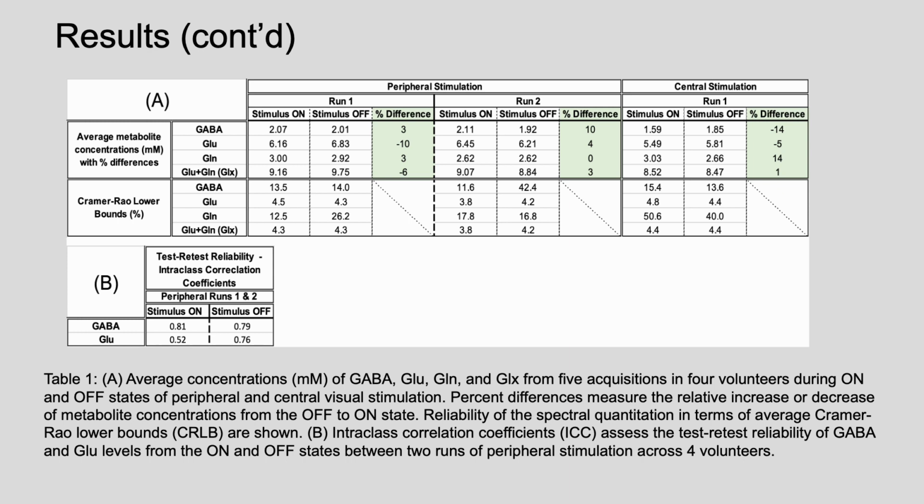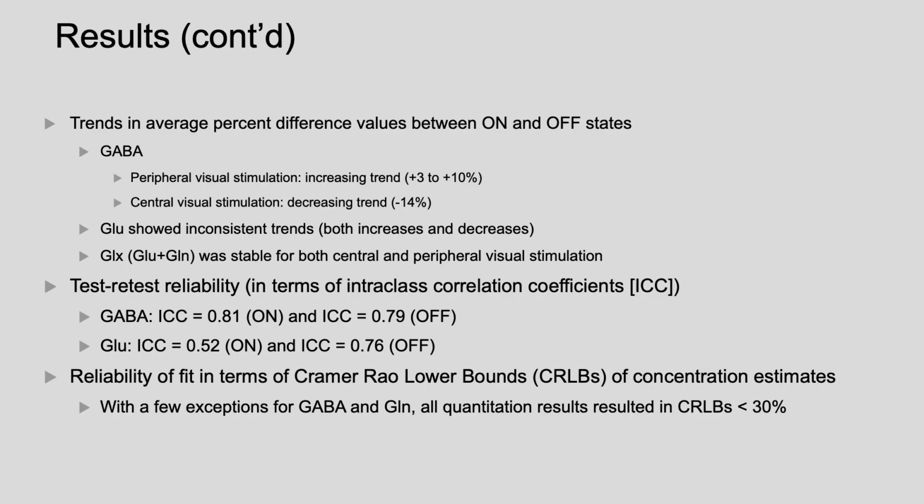In terms of the test and retest reliability, GABA showed a much higher correlation between the two peripheral runs across the 4 volunteers. However, glutamate had a much lower level of correlation in terms of the intraclass correlation coefficient.